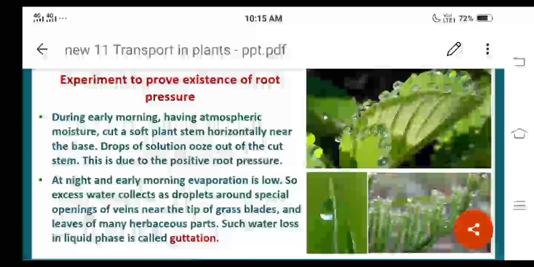They will be present where the vein ends in the leaf, near the tip of the grass blades. And in the photograph you can observe how the guttation process occurs. You will observe the liquid droplets at the margins of the leaves, right? And this process is called guttation, right?